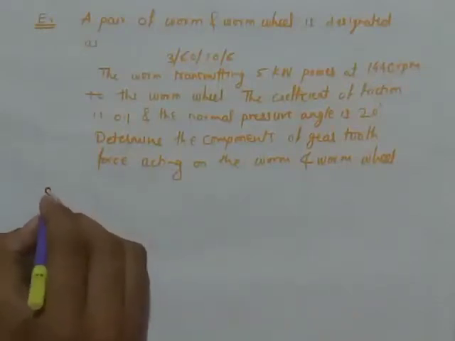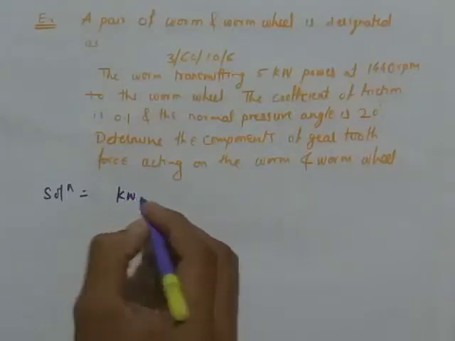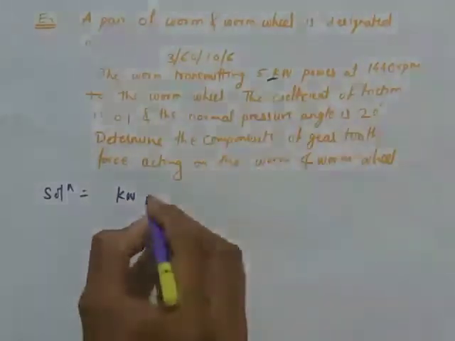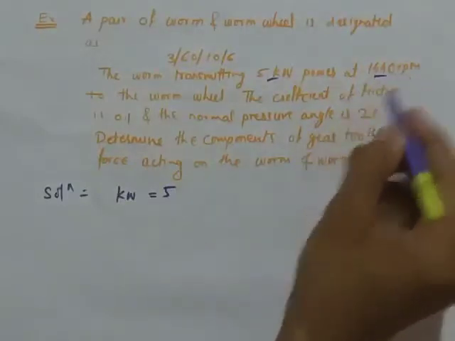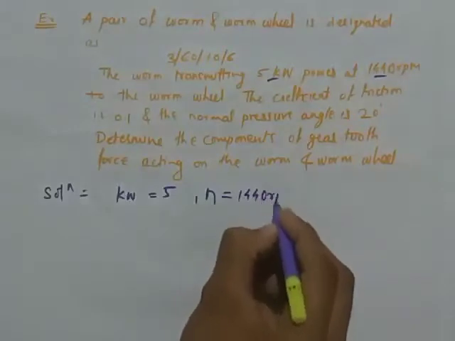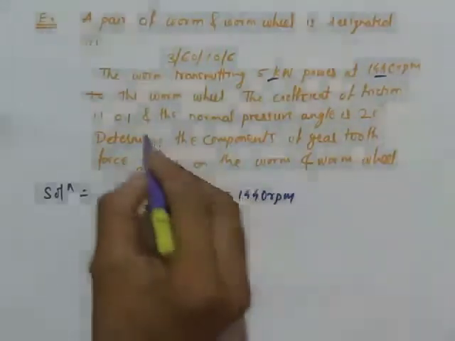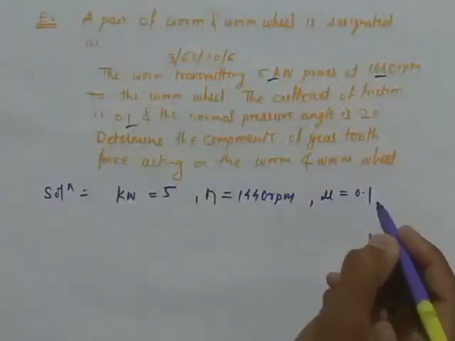So if you want to solve this, what is given? First, power is 5 kilowatt. Next, the rpm is given, so we write n as 1440 rpm. Next, the coefficient of friction is mu equal to 0.1.